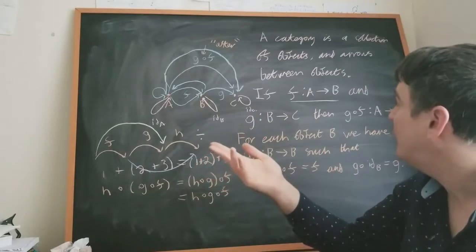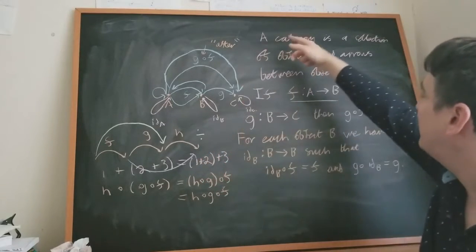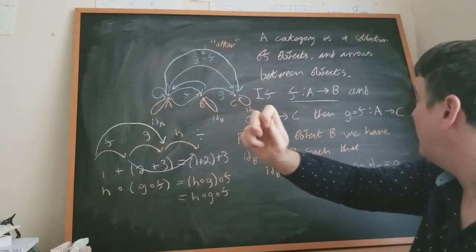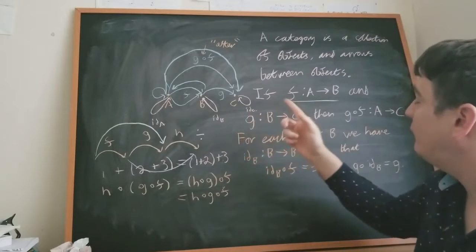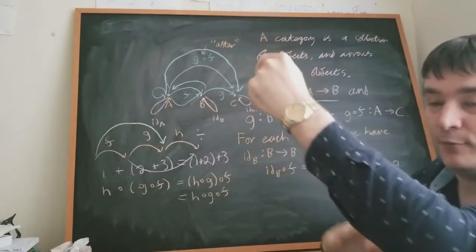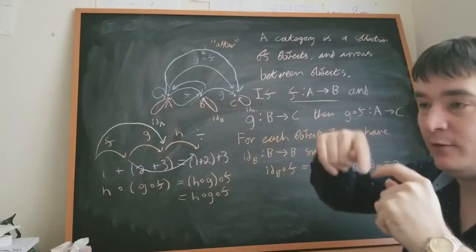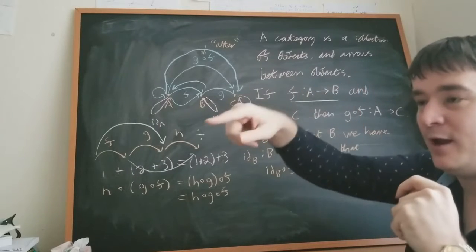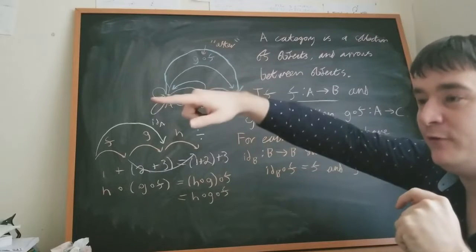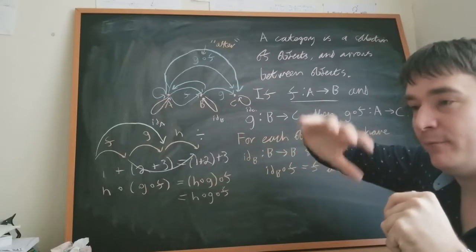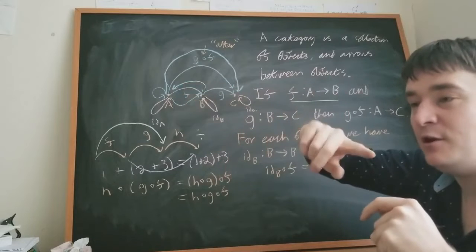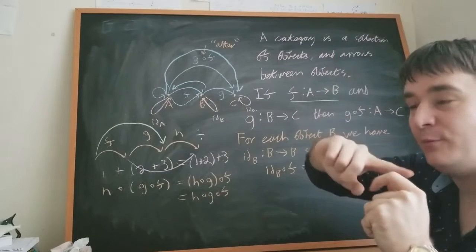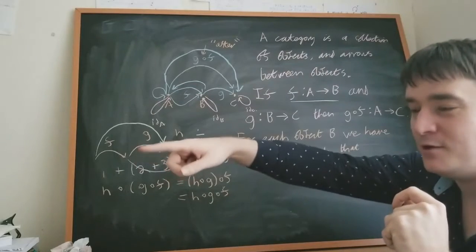So let's just reiterate. A category is a collection of objects, arrows between objects, and we can compose arrows. So whenever we have 2 arrows where the destination of the first is the source of the second, then we can compose them, and there'll be another arrow that's their composition that has the same source as the first one and the same destination as the last one.